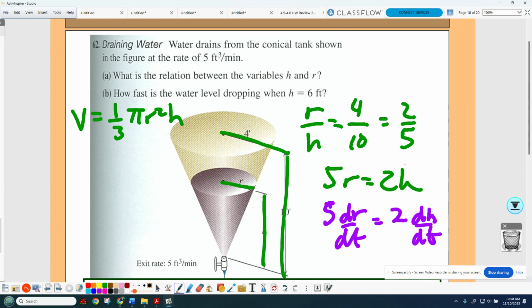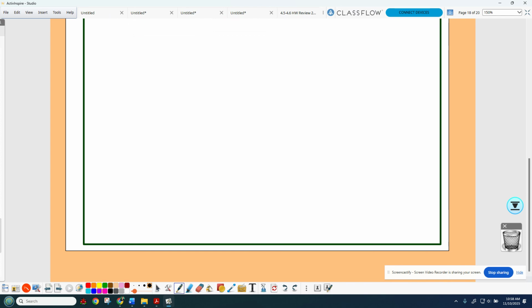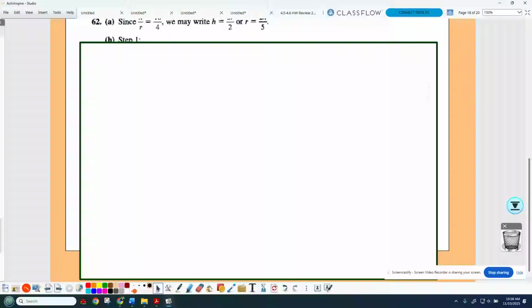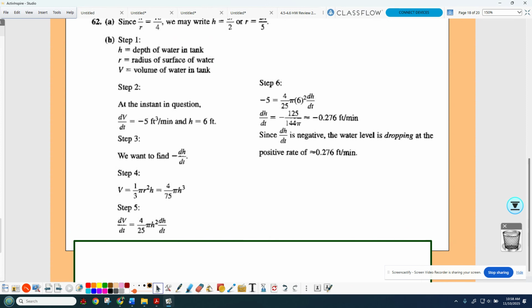And this has another double negative. It says, how fast is the water level dropping? In the end, when we do all the arithmetic, we get negative 0.276 feet per minute. AP will zap you on this if you do it wrong.